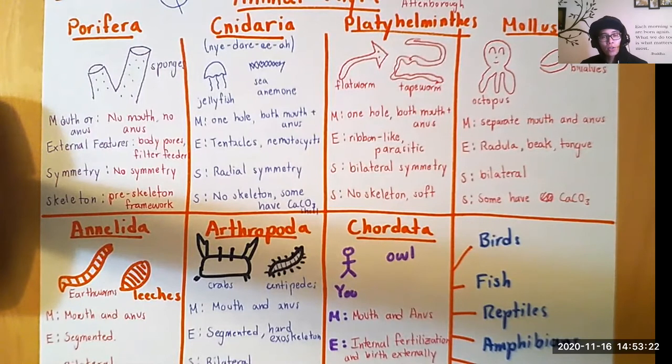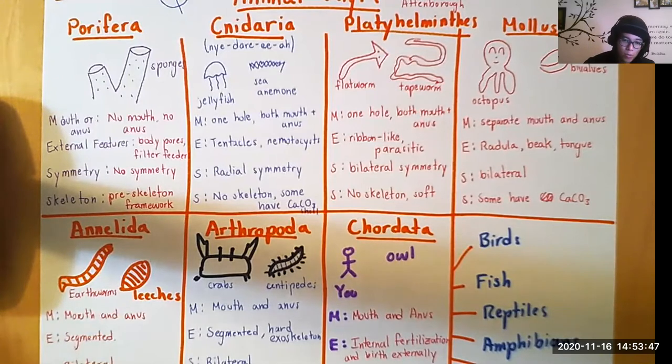If they change, what is the trigger for that change? So change over time of a species is called evolution. What we're going to investigate from here on out is how evolution works. And I'm going to introduce to you a man who didn't think he would become very famous. His name is Charles Darwin.